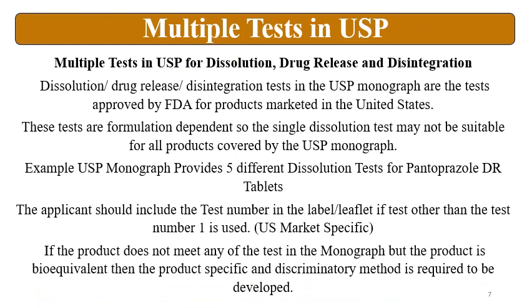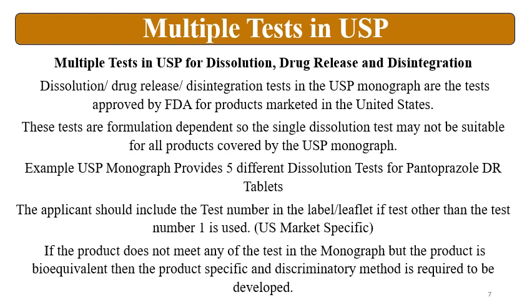Now, multiple tests in the USP. If the generic formulations are made, are bioequivalent, and are approved in the United States, these applicants will apply for the dissolution test inclusion into the USP. So multiple tests will be there in the USP for dissolution, drug release and disintegration.